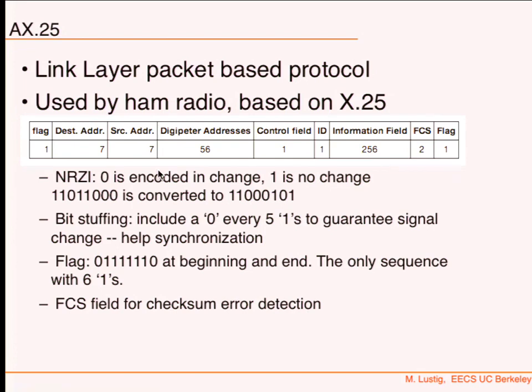So a bit stream of zeros will just alternate between mark and space. So this thing is converted to this. Now, it wants to guarantee that there are always changes every once in a while because you want to be able to lock to these zero crossings. And so it does bit stuffing. Every 5 bits of 1s, it will stuff your sequence with another 0.